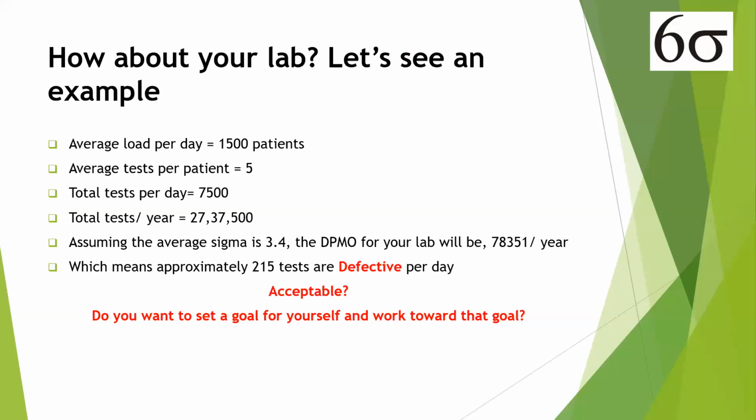Assuming that the average sigma is 3.4, the defects per million opportunities, DPMO, will be 78,351, which means 78,351 defective tests per year. Divided by 365, you're getting about 215 results which are defective per day. Is that acceptable to you or not acceptable?